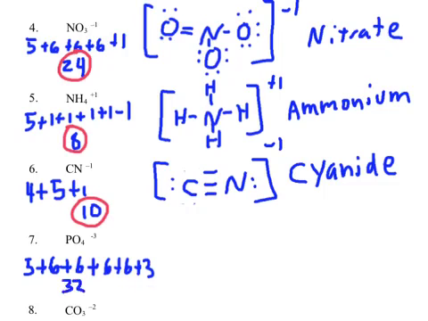So we're going to put the P in the middle, surround it with oxygens. Connect the oxygens to the phosphorus with single bonds. Now, we have used 2, 4, 6, 8 of our 32.